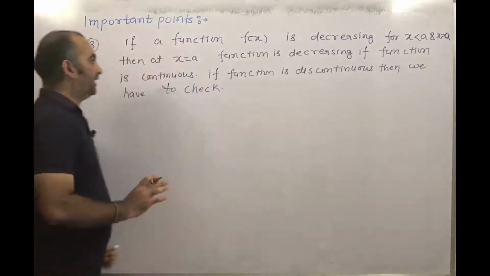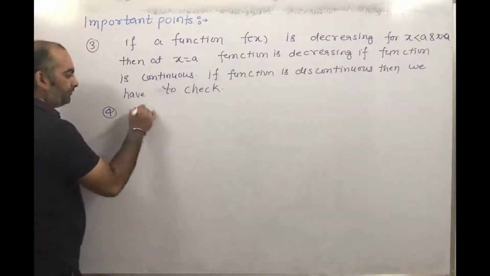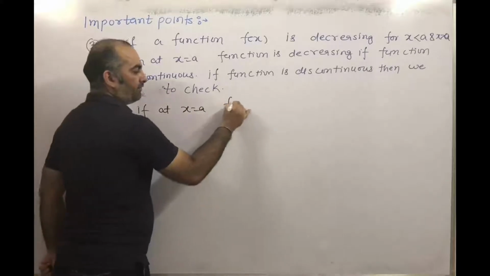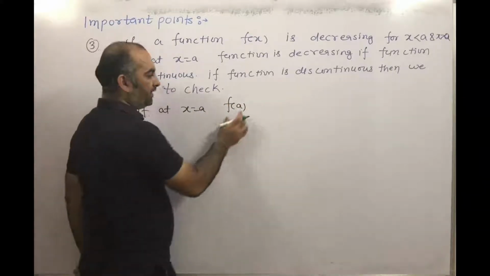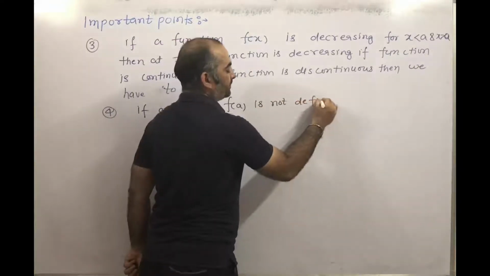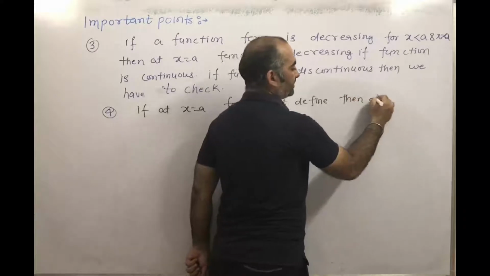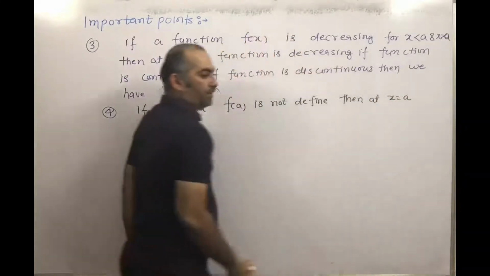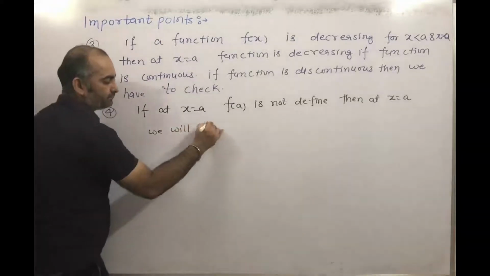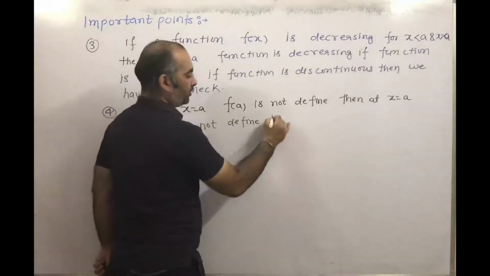Okay, next, the fourth point. In this point we are saying, if at x equal to a the function value f of a is not defined, then at x equal to a we will not define monotonicity.